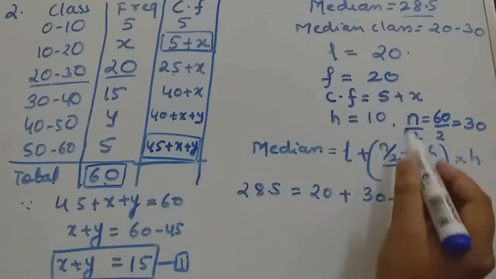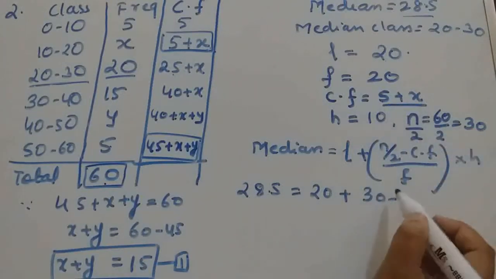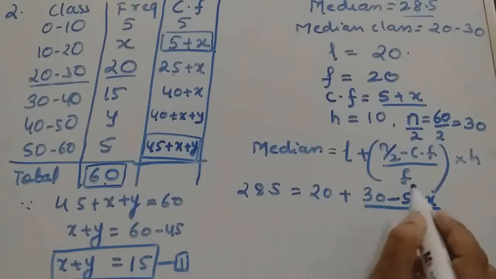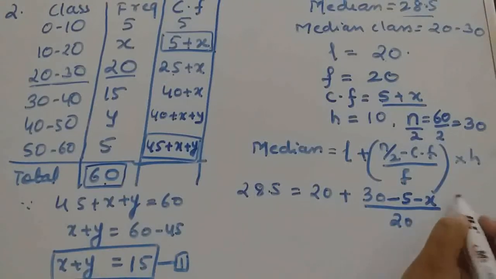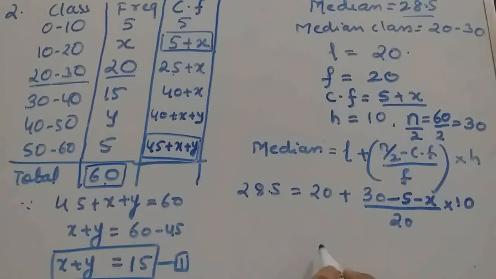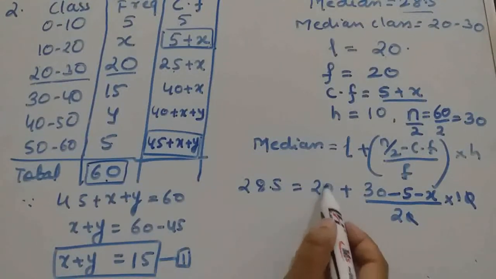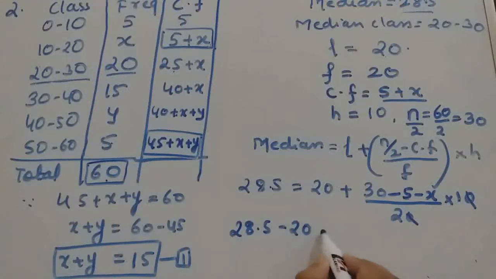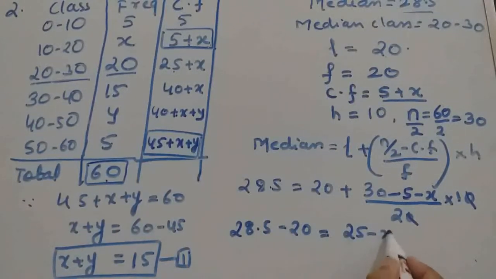CF is 5 plus x, so minus means minus 5 minus x, isn't it? F is 20. H is 10. So this 0 will go with this 0, and this 20 we can shift here. So it will be minus 20 equals 30 minus 5 is 25. We can write 25 minus x by 2.